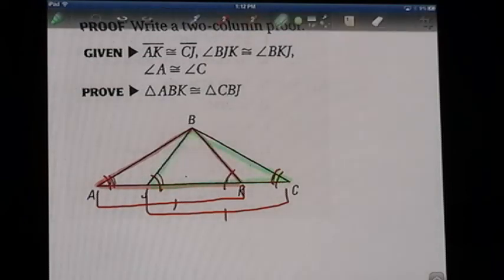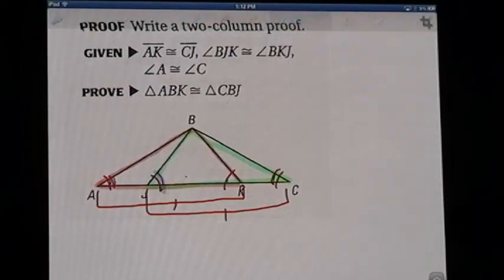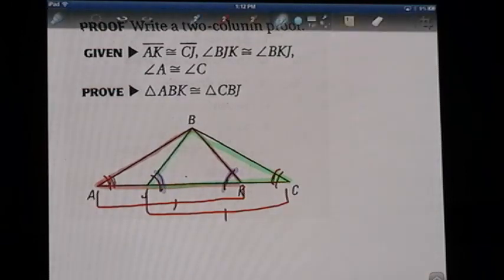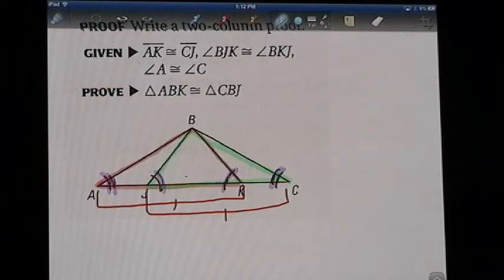Okay, so the first thing we're going to do is look at what we know. We have an angle of the green triangle congruent to an angle of the red triangle, and another angle of the red triangle congruent to an angle of the green triangle.